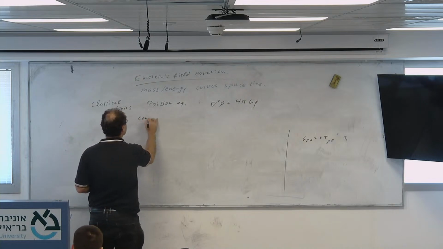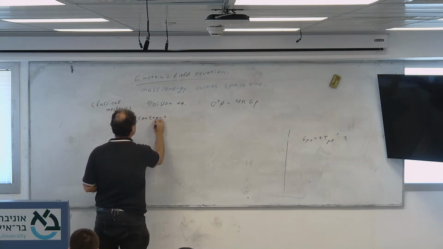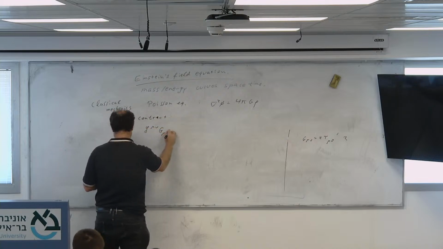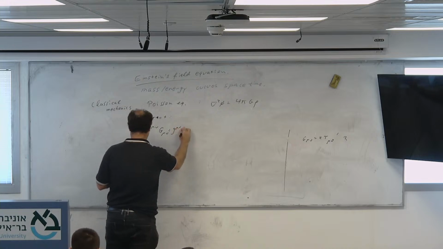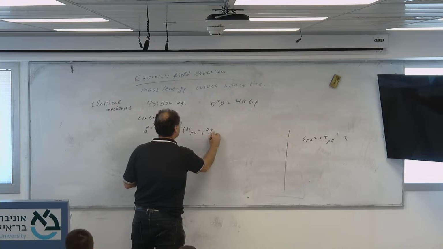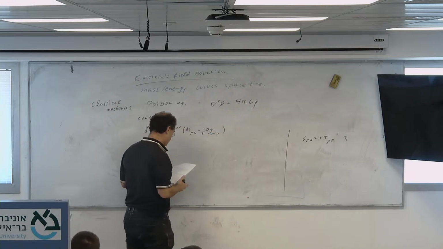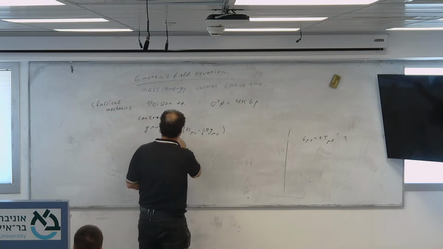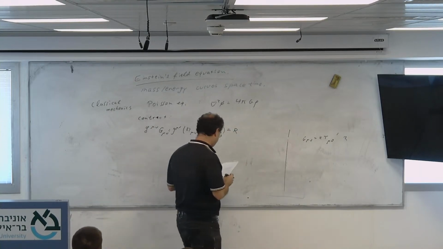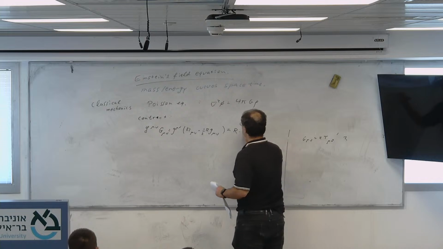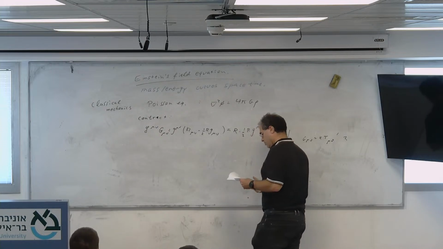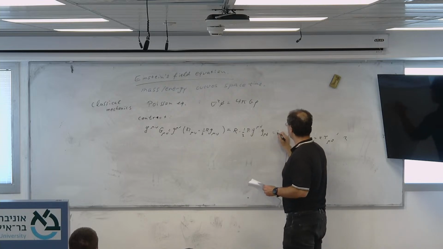So contract g mu nu with R mu nu minus 1/2 R g mu nu. What is g mu nu R mu nu? R, minus 1/2 R g mu nu g mu nu is equal to kappa T.